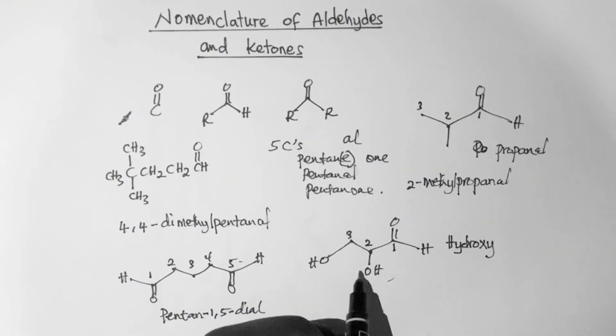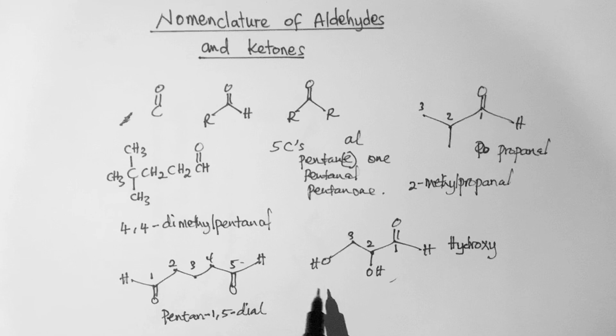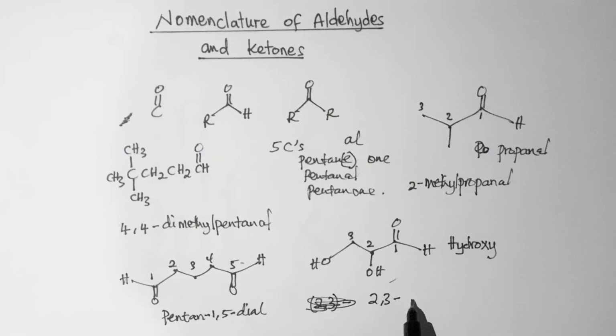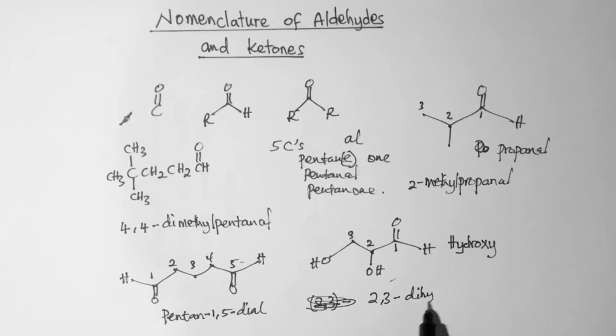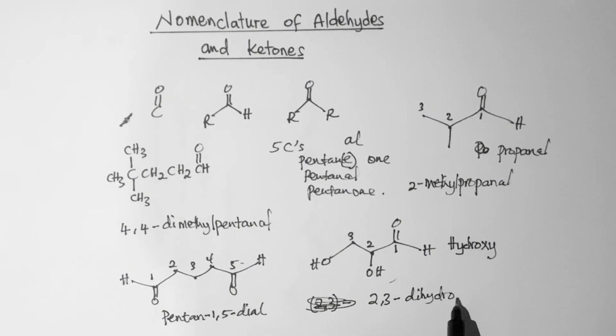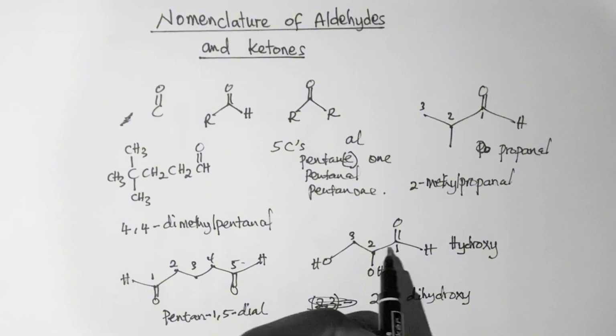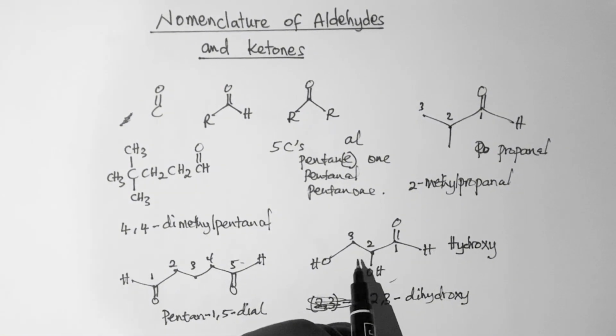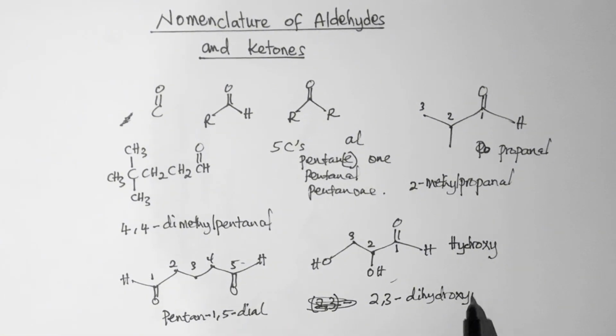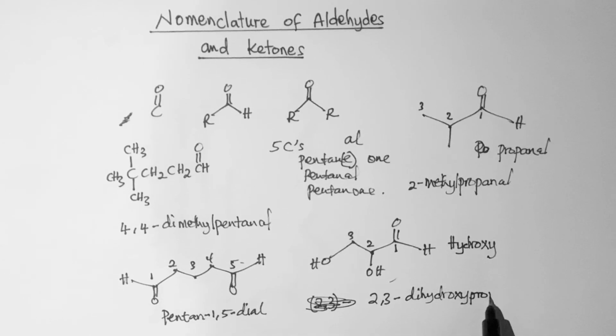So we have 1 hydroxy on carbon number 2 and the other on carbon number 3. So this is a 2,3-dihydroxy. But the carbons are number 3 carbons, so we are talking about a propanal. So that is the name of that molecule.